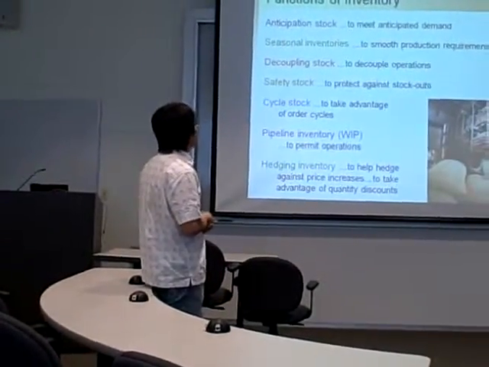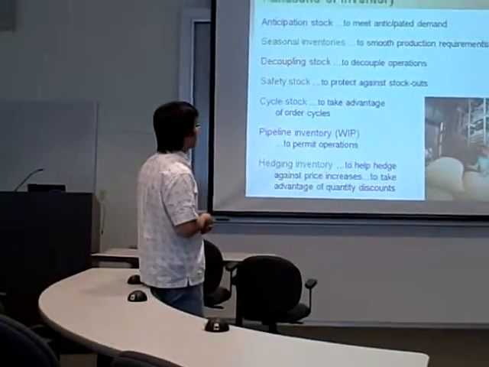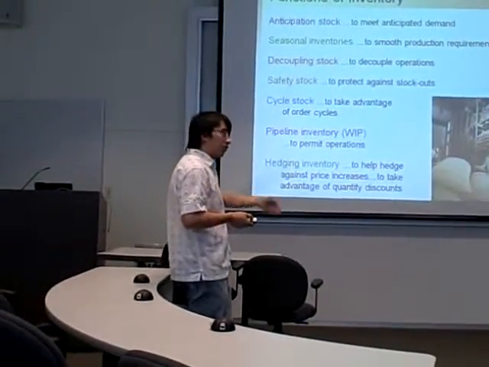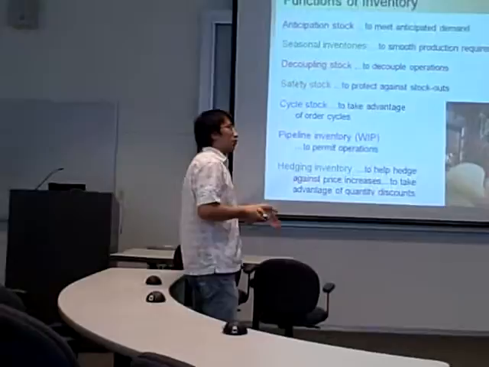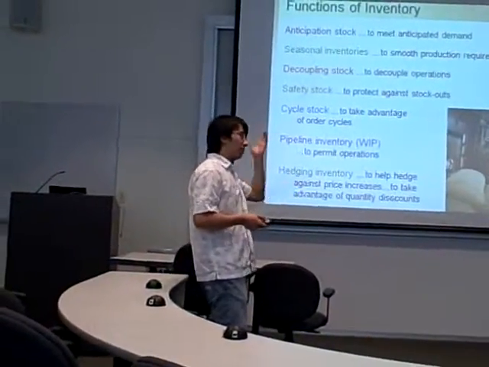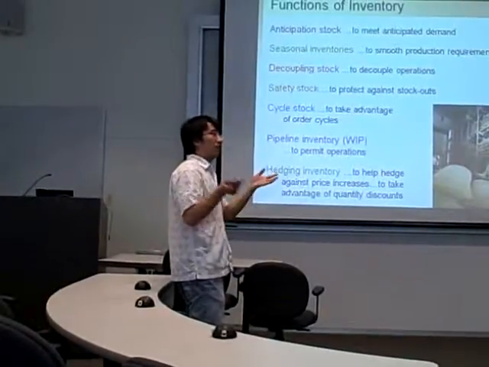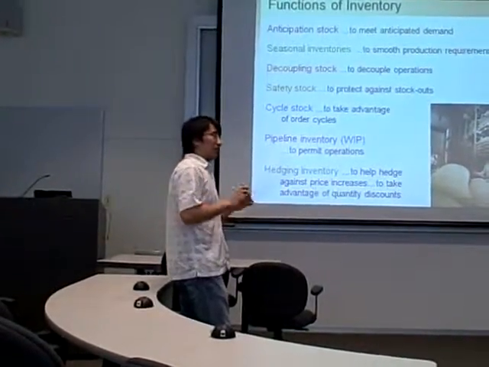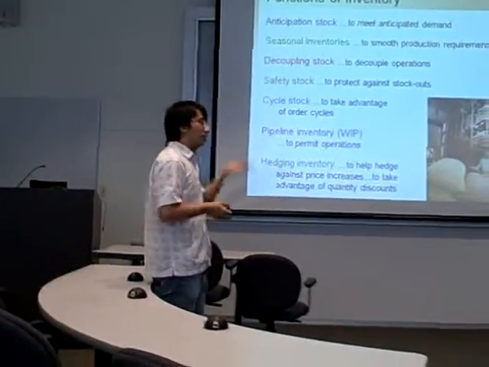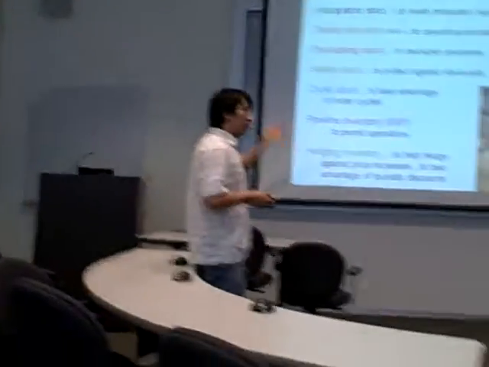And hedging inventory is to help hedge against price increases. That is, you know that in the near future the price is going to become higher, so you store in advance, like gas. We know some gas stations or companies store more before the gas price goes up.